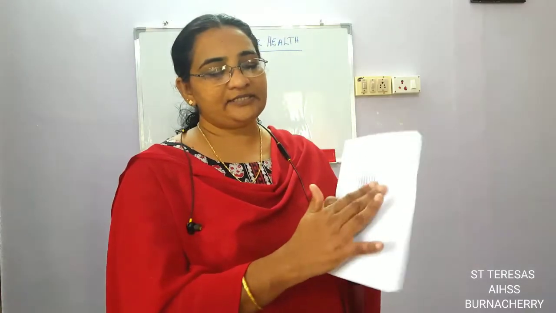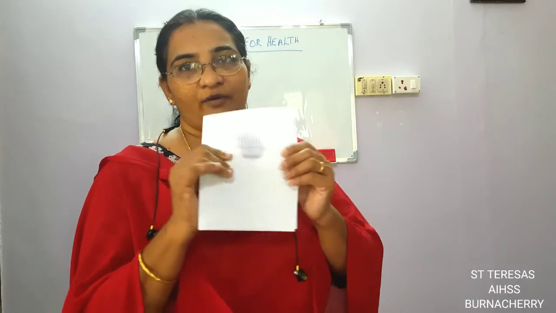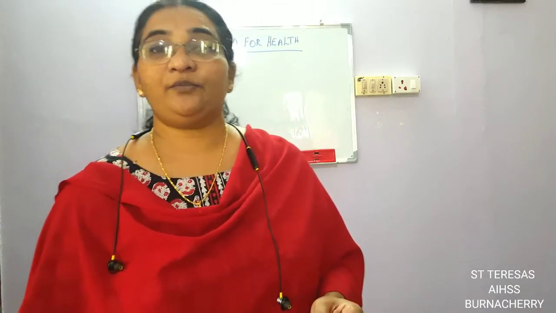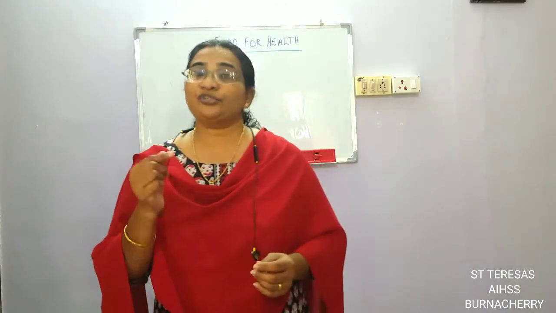If you can see through, then it contains fat. So if the color has changed like this, and if it is oily here, then that food item contains fat. So this is a small experiment which I am giving you to do.